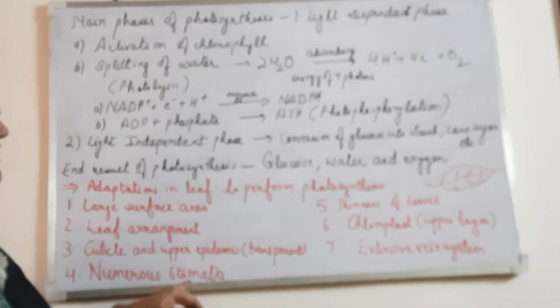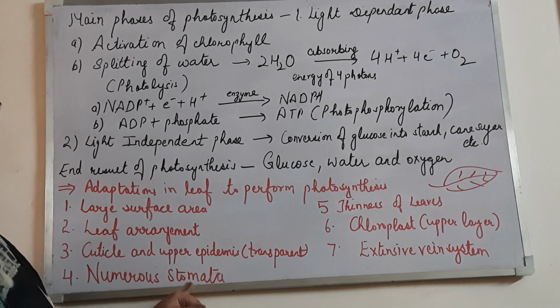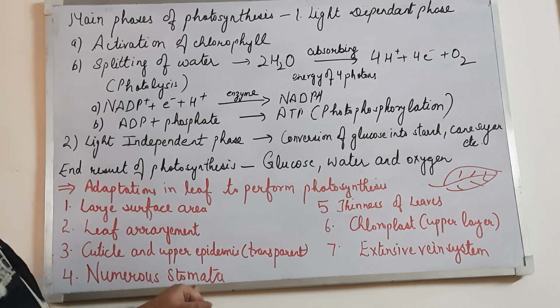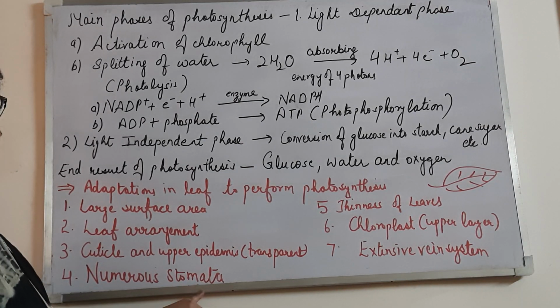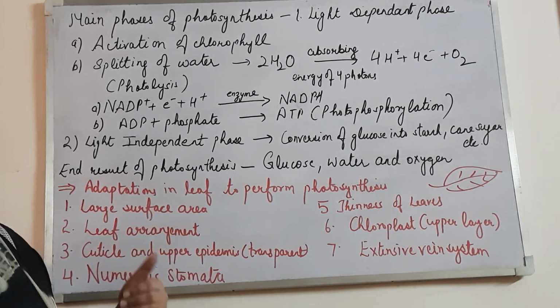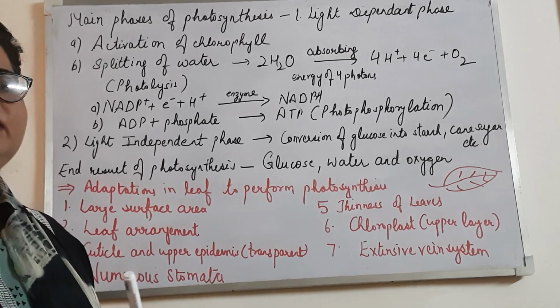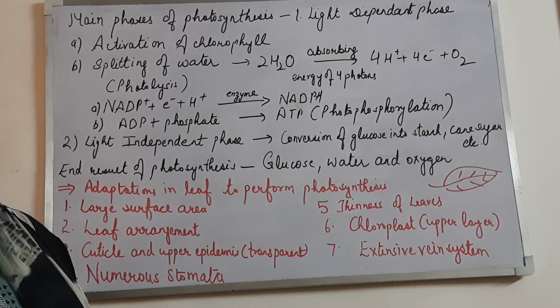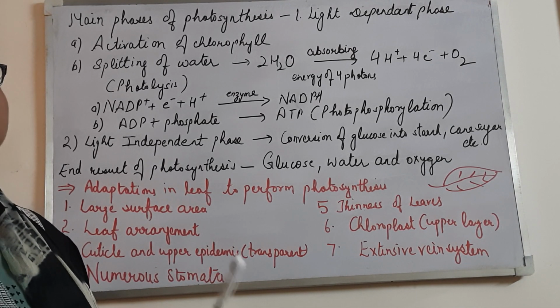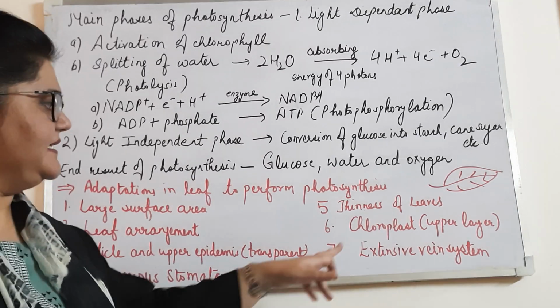Next is numerous stomata. Of course, leaves have numerous stomata so that they can do gaseous exchange efficiently. Thinness of the leaves: leaves are thin, for the same reason, so that they can capture sunlight nicely and easily.